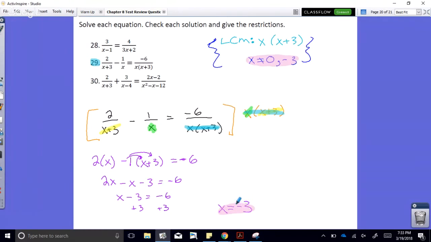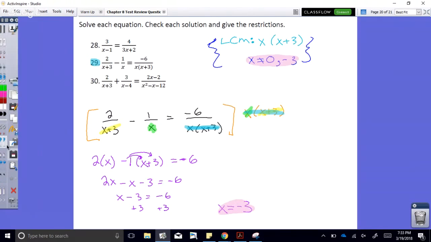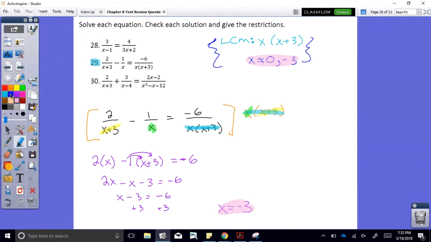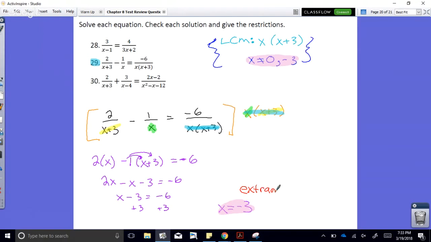And right here, we're saying that x equals negative 3. So if my answer is ever equal to a restriction, we said that this was called an extraneous solution. And if your only answer is an extraneous solution, then your final answer is that there is no solution.